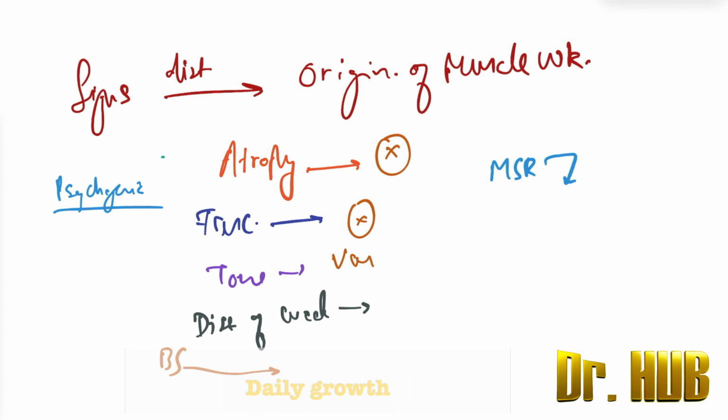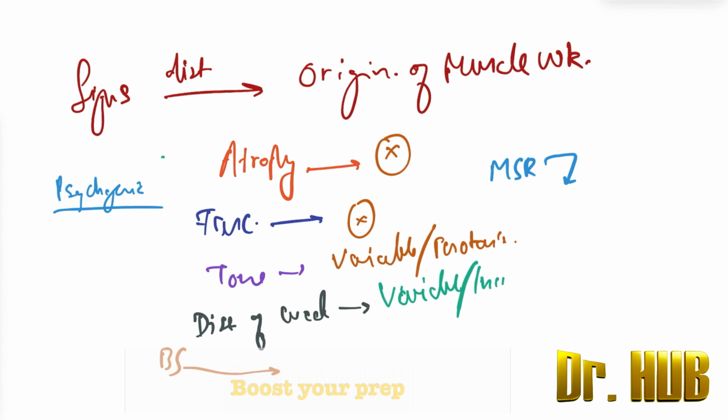Tone is variable, as well as there is paratonia. What about the distribution of weakness? Distribution of weakness is variable. It is inconsistent with the daily activities.